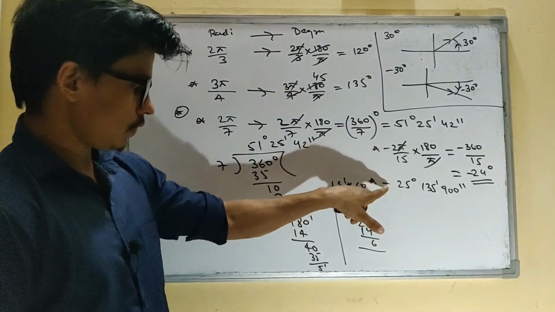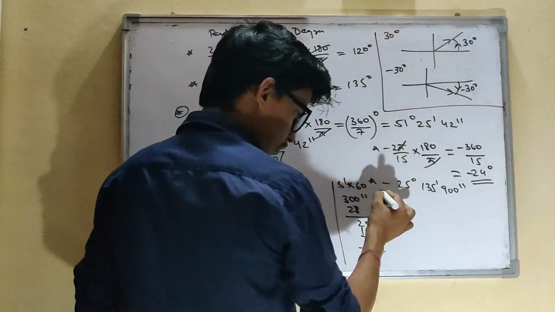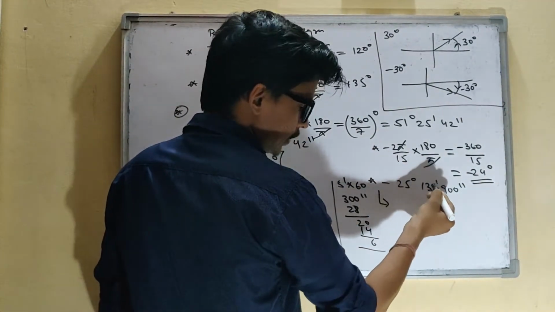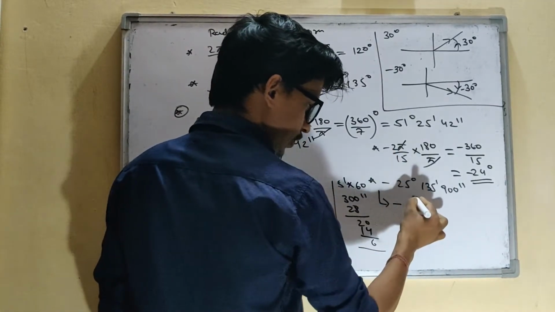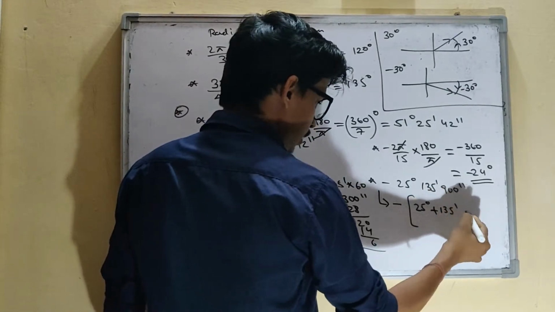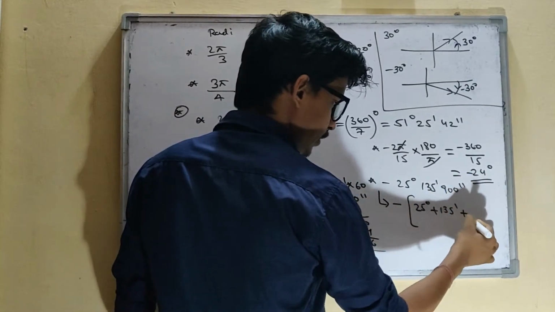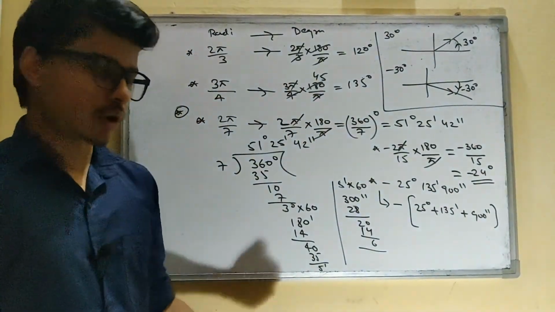See carefully: minus 25 degree 135 minutes and 900 seconds is like this. Keep the minus over here: 25 degree plus 135 minute plus 900 second. So this is how you have to do it.